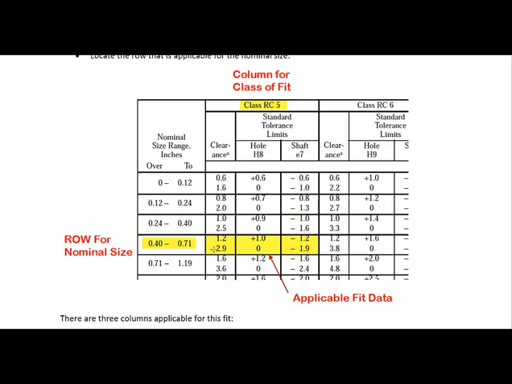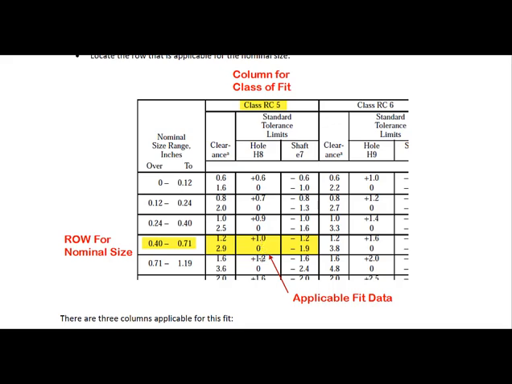The first two numbers here are your clearances for the fit. The minimum clearance is 1.2, that's 0.0012, and then the maximum clearance for this fit is 2.9 thousandths, which is 0.0029. And what you have in this column here is the tolerances for the hole.